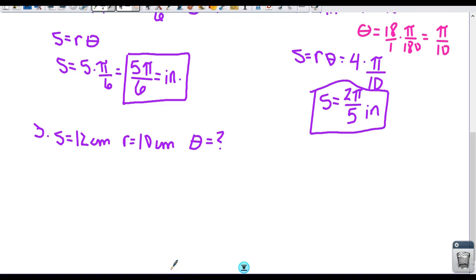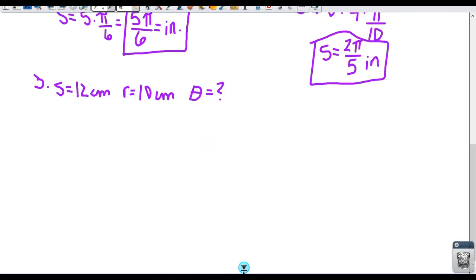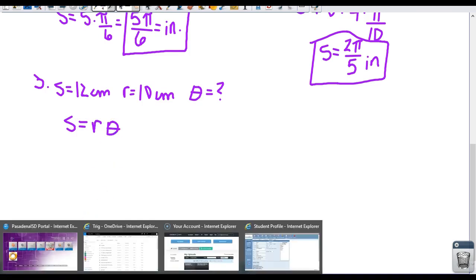So this is just like any other problem that you ever do, whether you're in math or science or anything. You write down the formula, you substitute in what you know, right? So S is equal to r theta. And which pieces do we know? S, right?